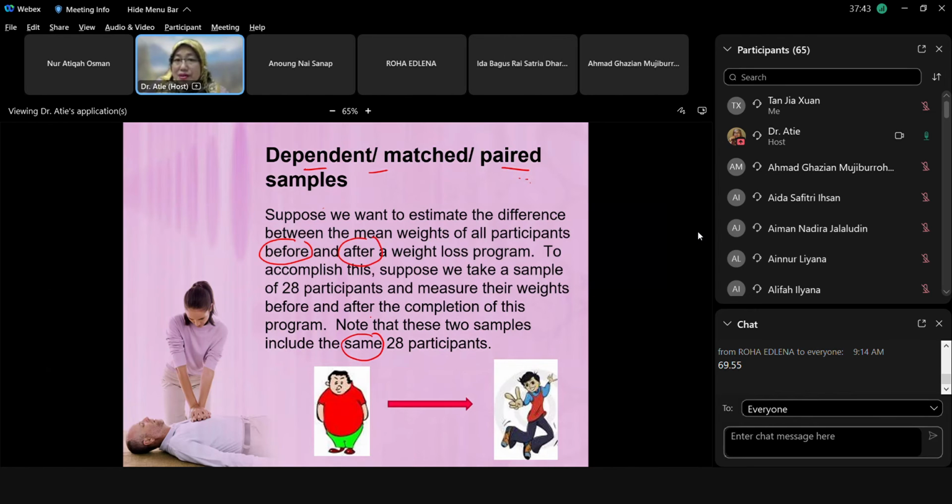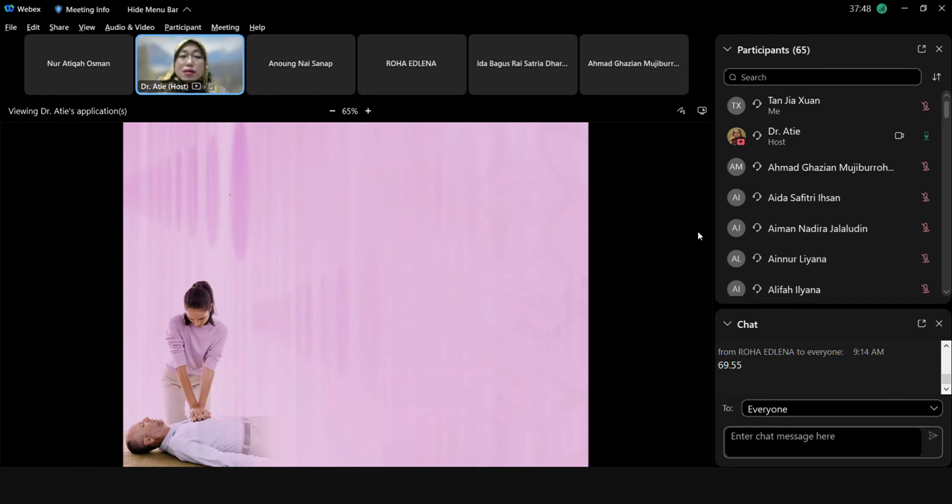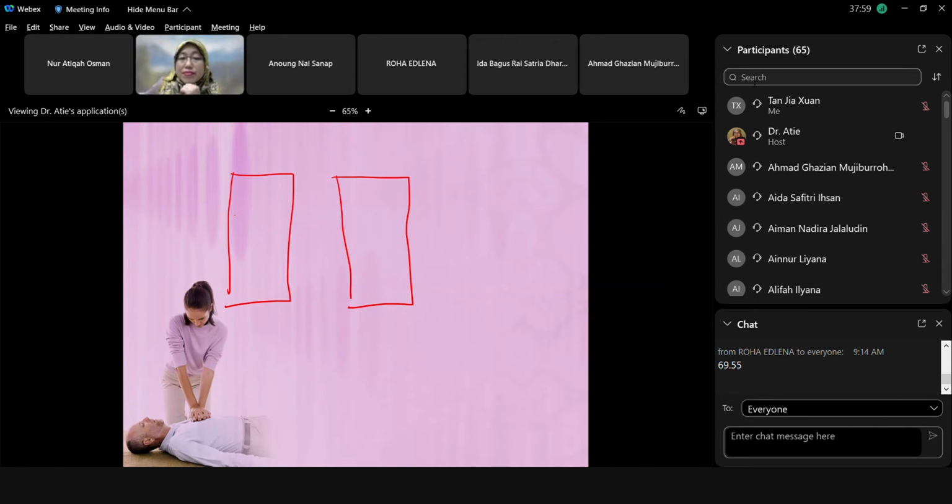So what is the difference between independent and dependent samples? For both, we have two groups. But if independent, the two groups are not related at all. Group one and group two are two different entities, two different groups.